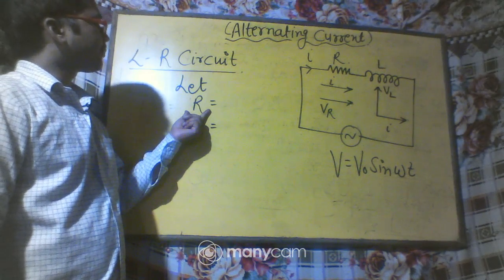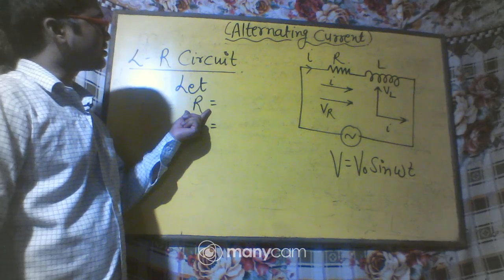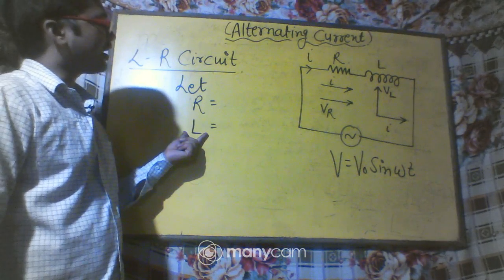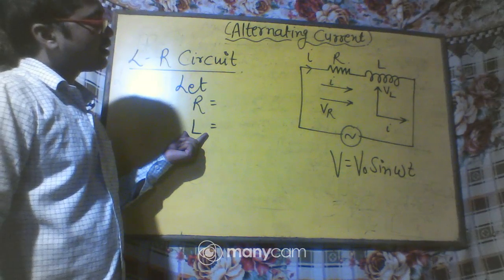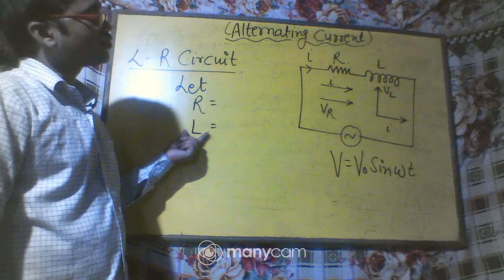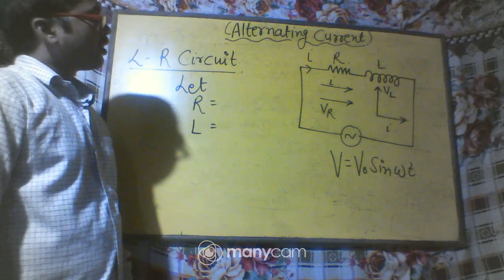Here R is the magnitude of the resistor, and L is the inductance of the inductor used in this circuit.